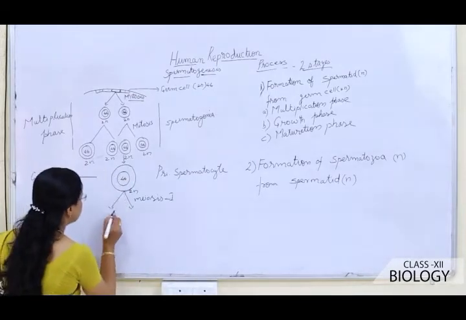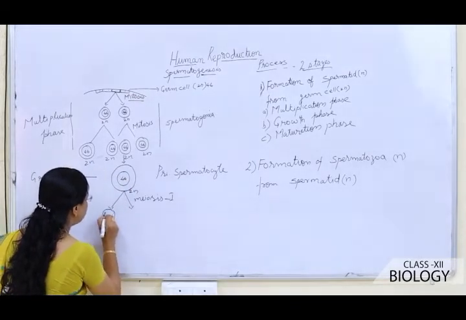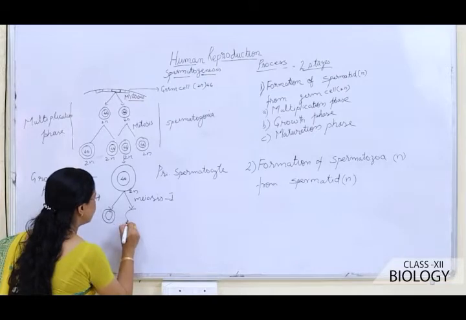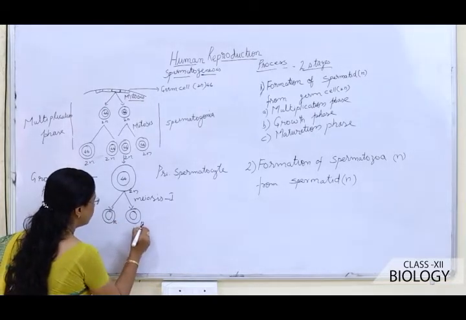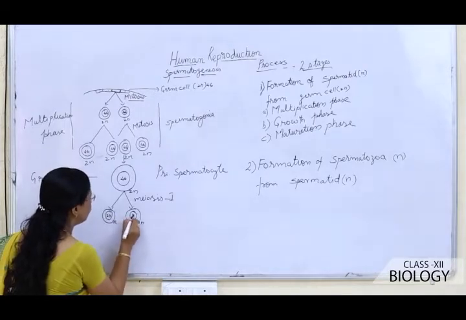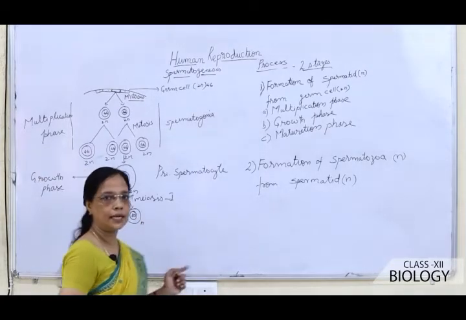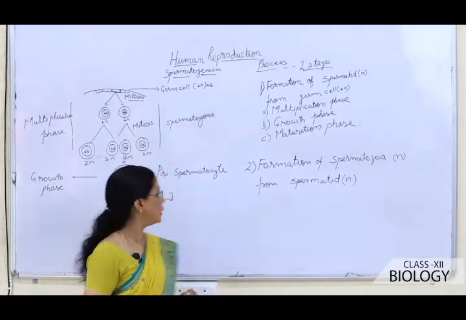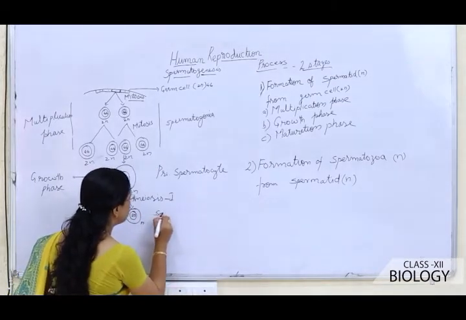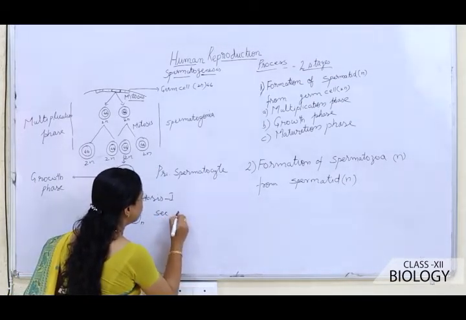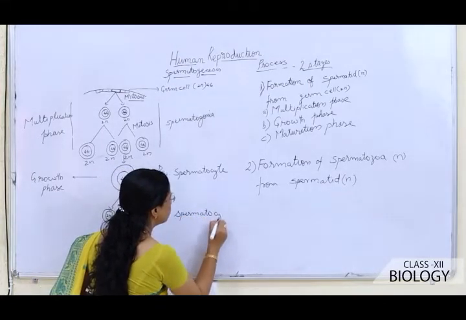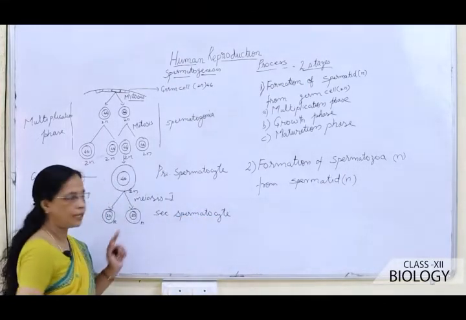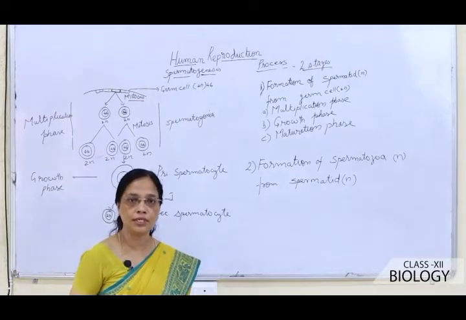So it produces daughter cells which are haploid, so the number of chromosomes will be 23. This cell is known as secondary spermatocyte.